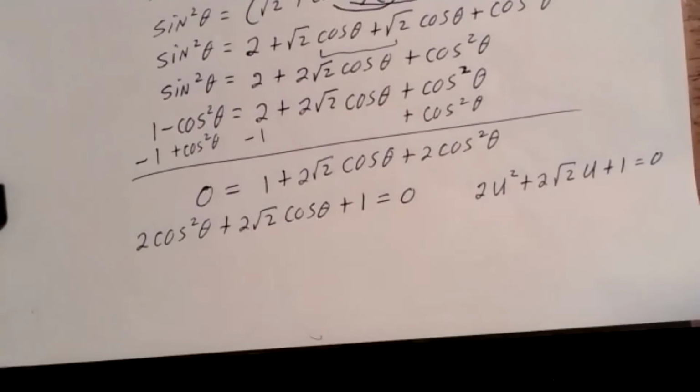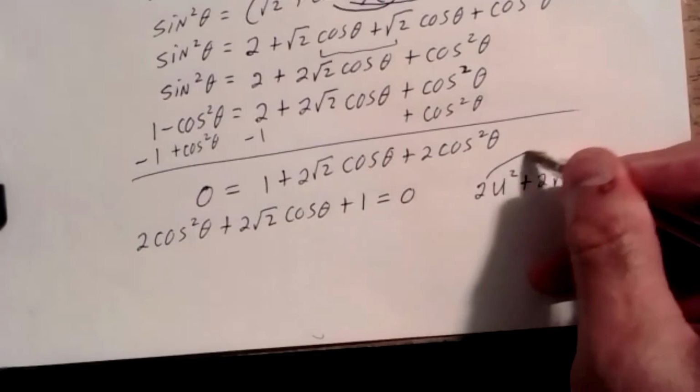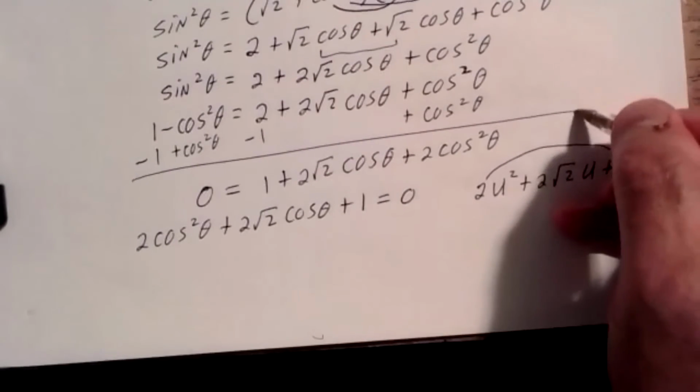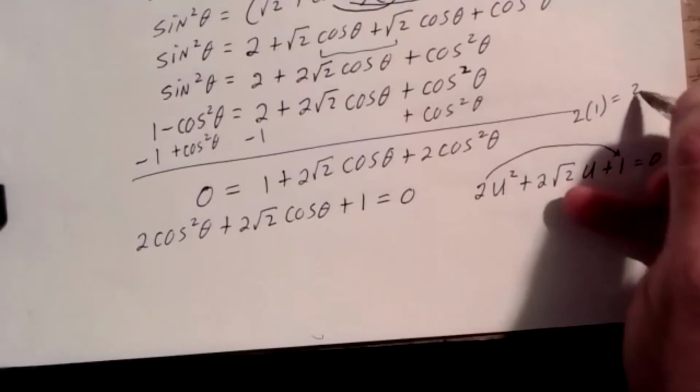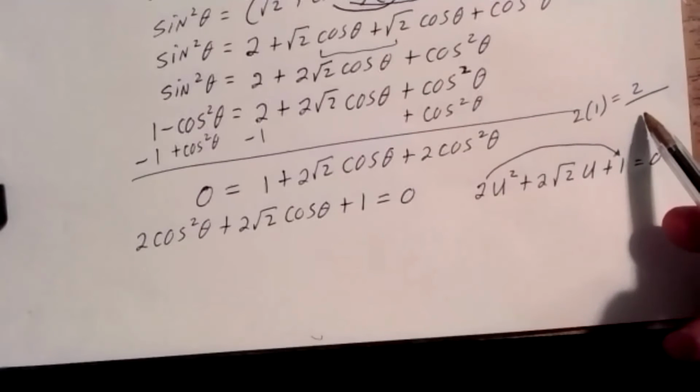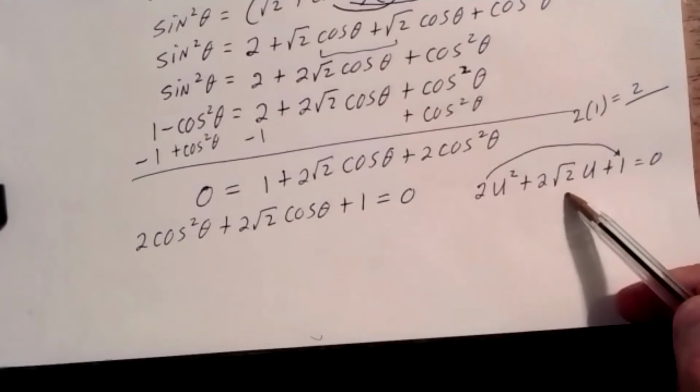Let's see what we can do here. We got, let's see, square root of 2. Two times 1, ladies and gentlemen, is 2. Are there any factors of 2 that sum up to 2 square root of 2?